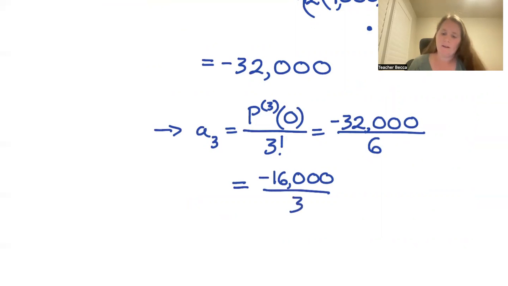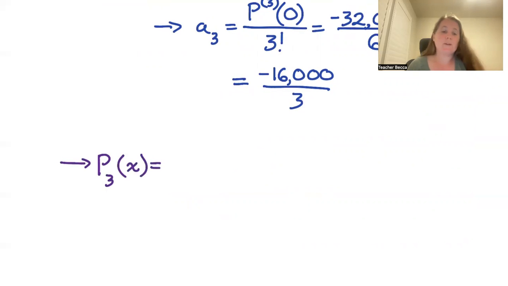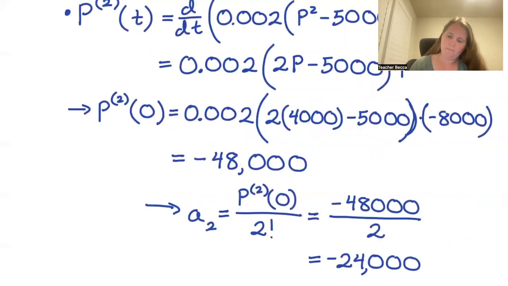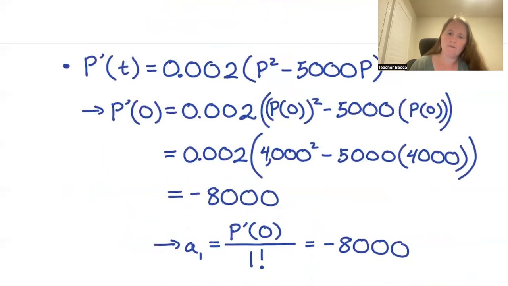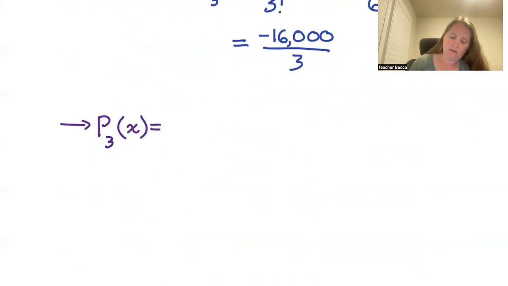So our third degree Maclaurin polynomial, p sub 3 of x: we had our a sub 0 of 4,000, a sub 1 of negative 8,000. So we have 4,000 minus 8,000x.